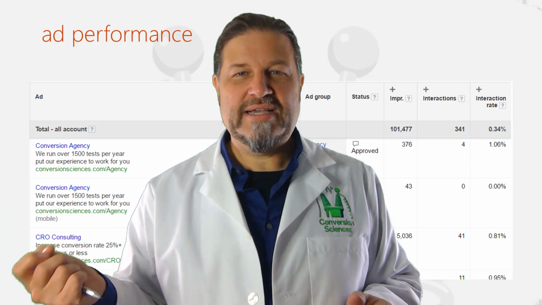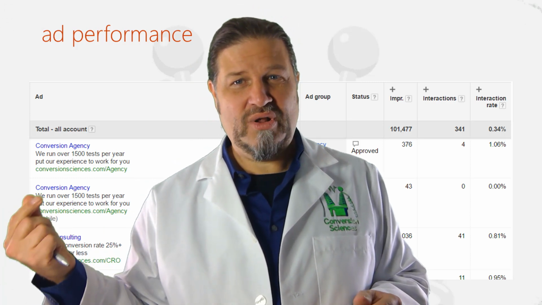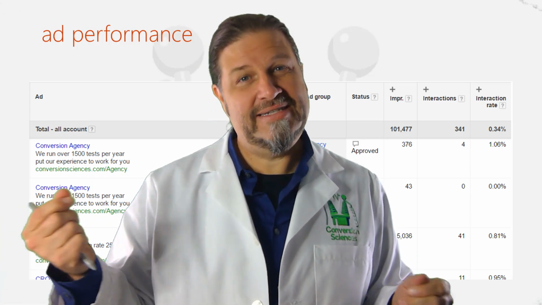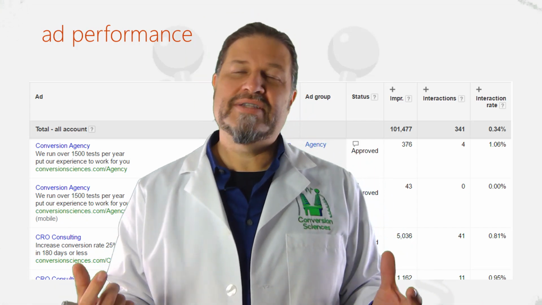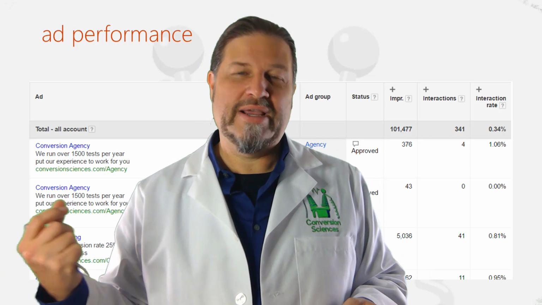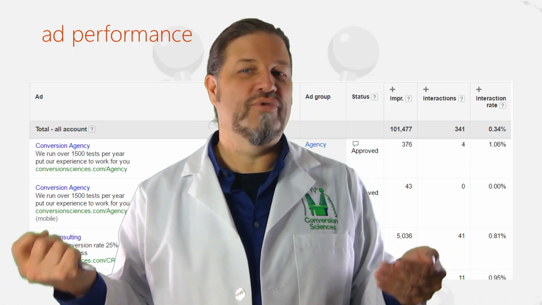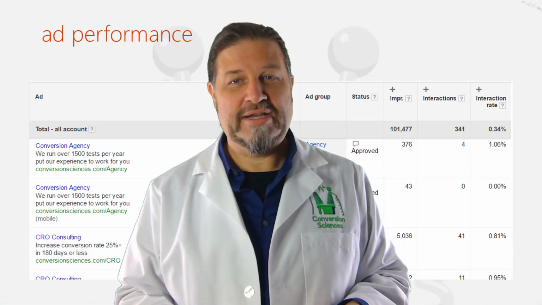And what this gives us is a click-through rate. Now, a number of clicks can be called interactions, meaning that they interacted on it. In some cases, it's a click to call. In some cases, it's a click to come to your website. So they genericize that for interactions. But we want to know what that ratio is, the number of clicks to the number of impressions. That's our click-through rate. In this case, it's shown right there for you as the interaction rate.